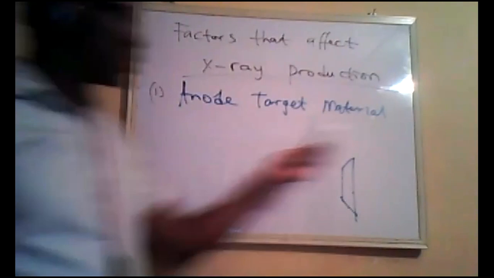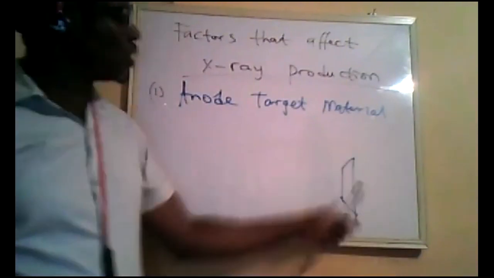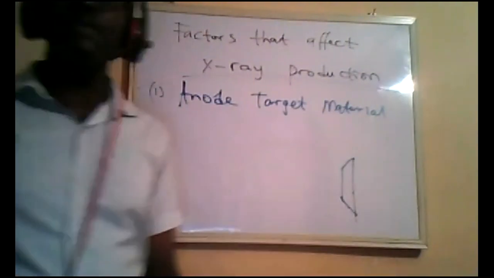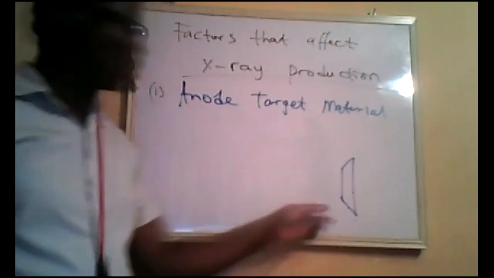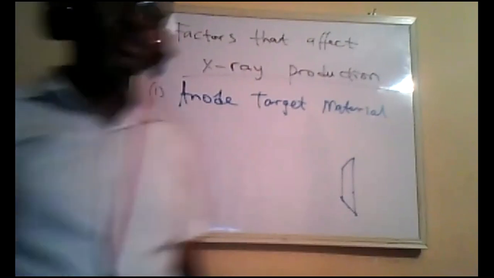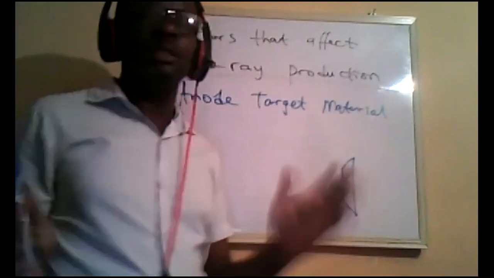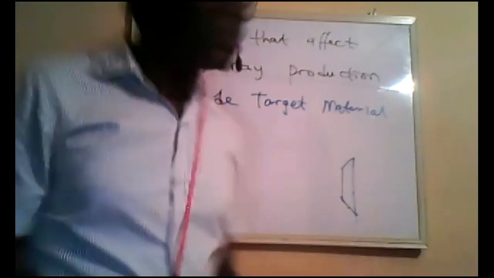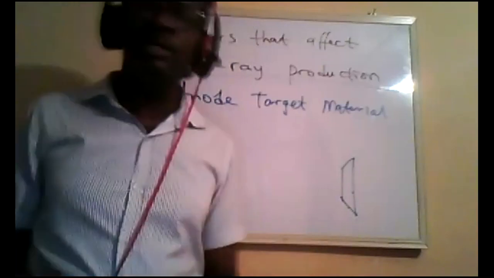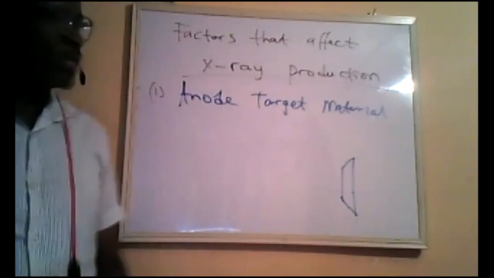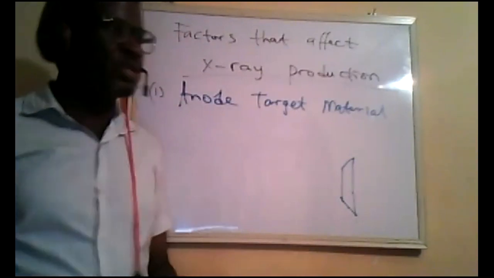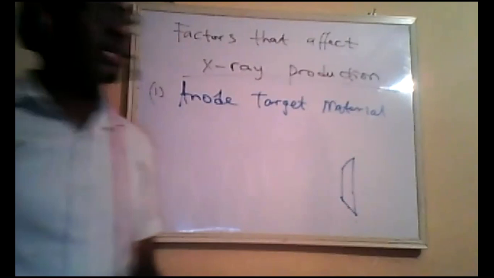So the type of anode target material is very key. It also tells us why we might not want to use tungsten for mammography, though newer mammography machines these days also have tungsten as the anode, but most of them have molybdenum and rhodium targets.